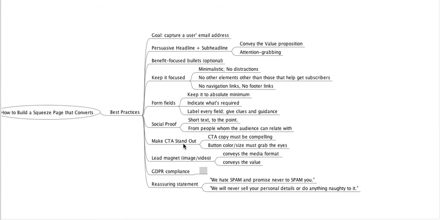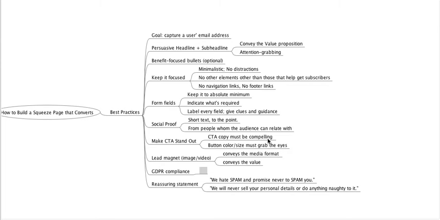Another important practice is to make sure that the call to action button or the call to action text as well stands out. So the CTA copy must be compelling. Refrain from just putting there submit or subscribe, that kind of thing.